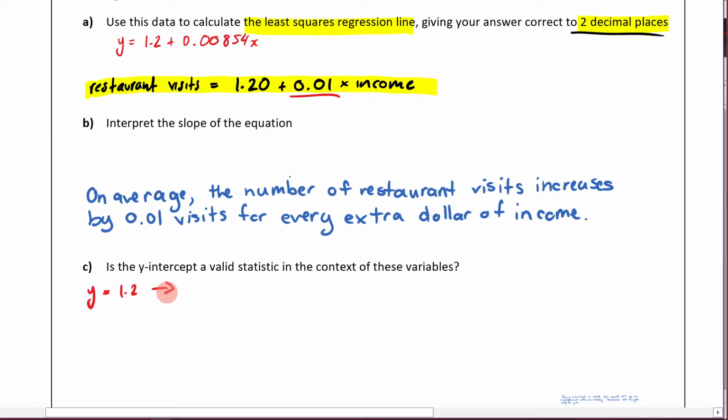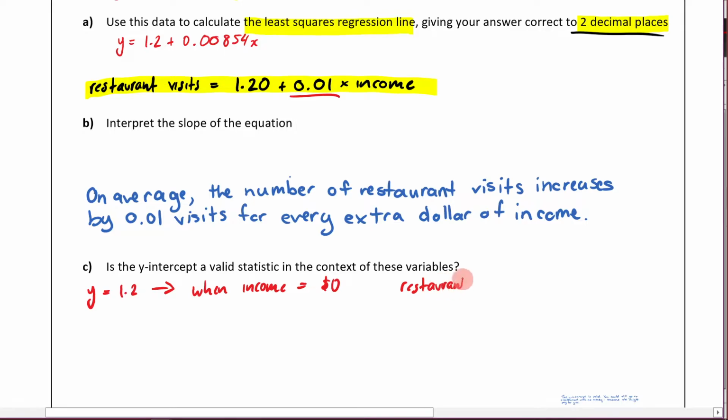And we know that the y-intercept occurs when x is equal to 0. And x is, of course, in this example, income. So it's occurring when income is equal to $0. So in other words, it's saying when someone's income is $0, on average, they're going to restaurant visits. I can't spell restaurant.